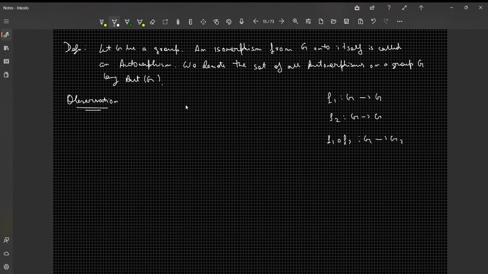These are very basic properties of bijective functions. Moreover, if F1 and F2 both are homomorphisms, then F1 composed with F2 is again a homomorphism.